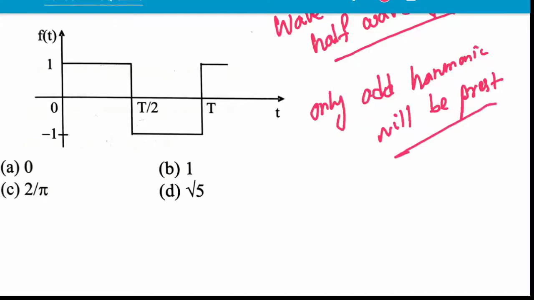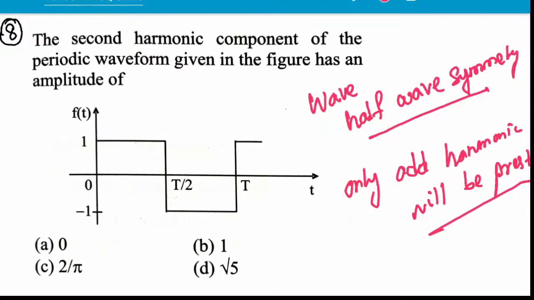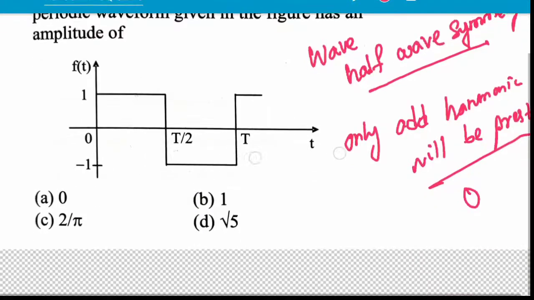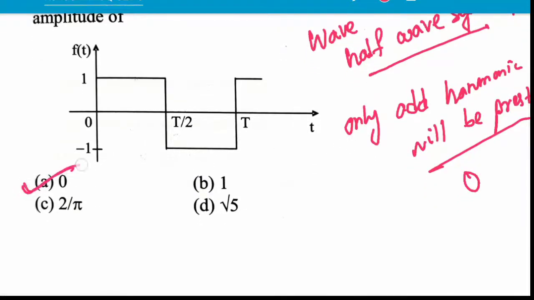As only odd harmonics will be present, and here it is asking for the second harmonic component, the second harmonic component will be 0. So the amplitude also will be 0. Answer is D.